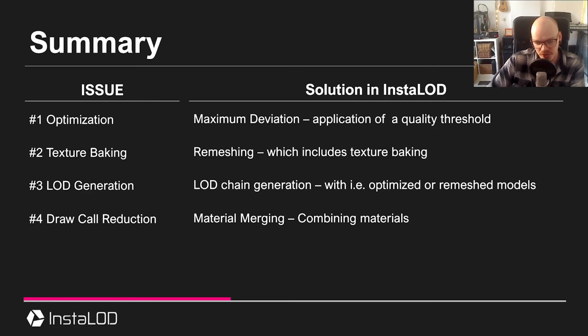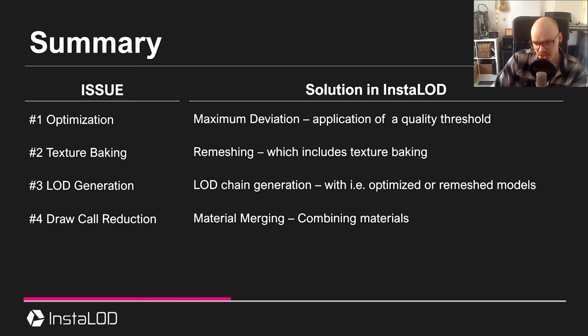So let's go back all the way to the beginning. If you apply these different steps to your scenes, right? Start off with optimizing, maybe generating your LOD zeros with the first optimization, then baking your textures, either remeshing them, or if you've got 16K textures as an input, you can bake those together down onto a 4K map, and so on, right?